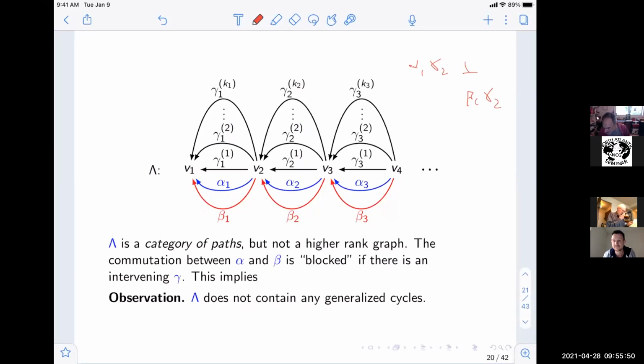Let me write it this way. If you follow alpha 1 with gamma 2, then that does not have a common extension with beta 1. So alpha 1, beta 1 is no longer a generalized cycle in this example.